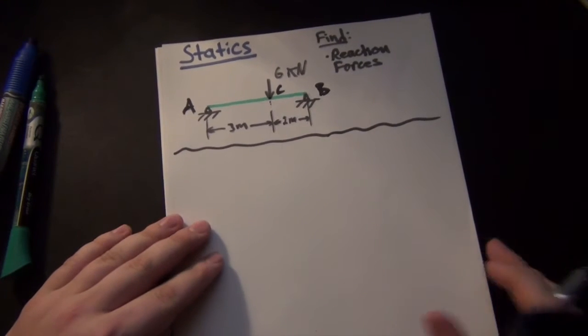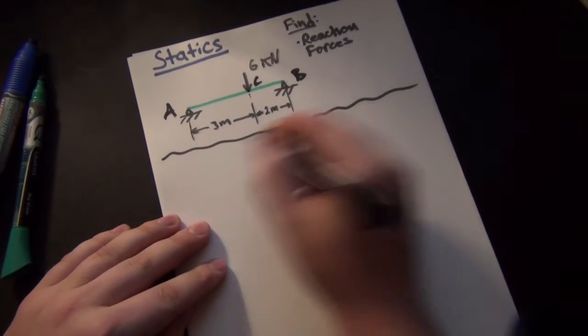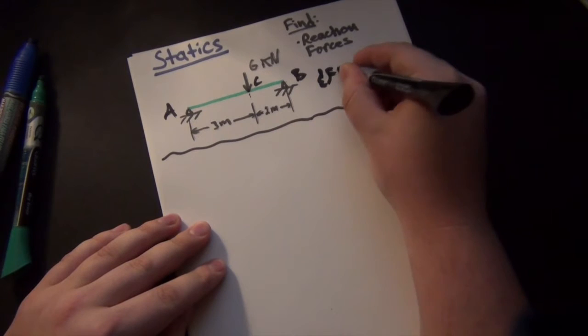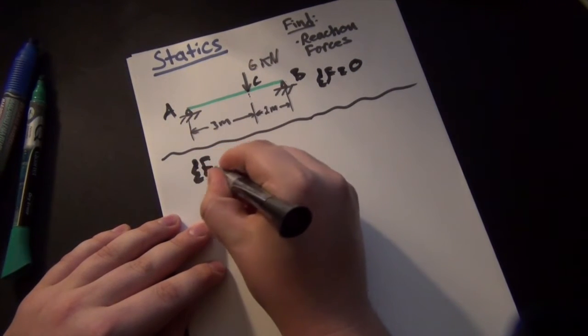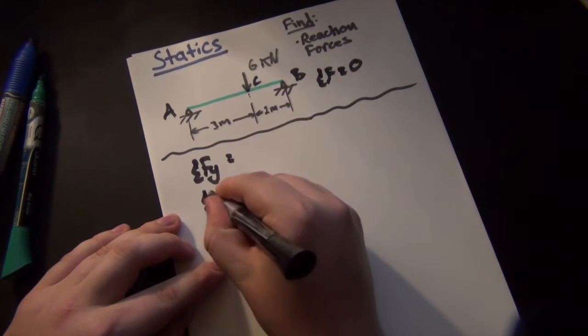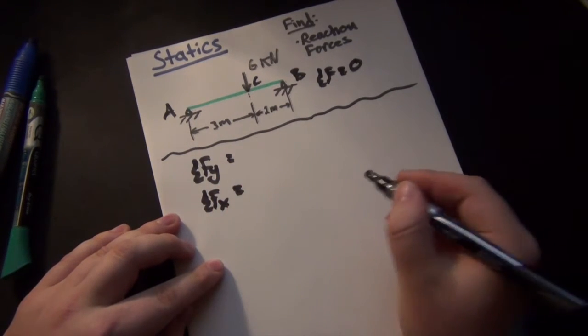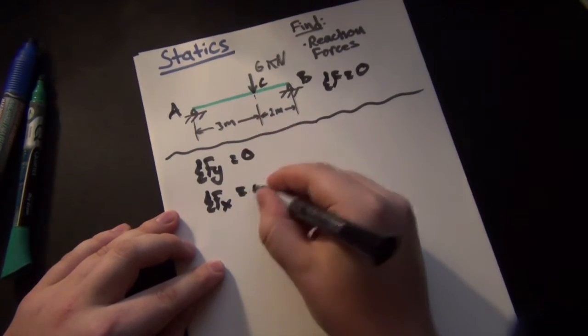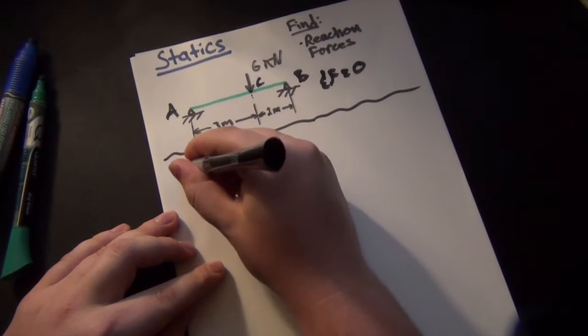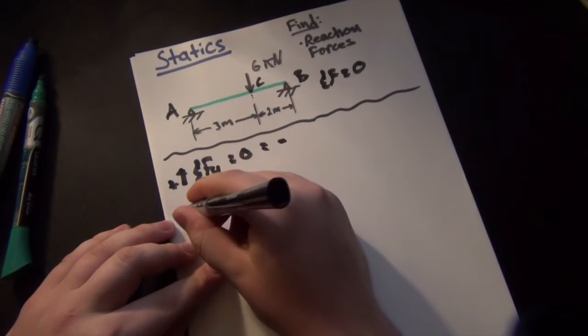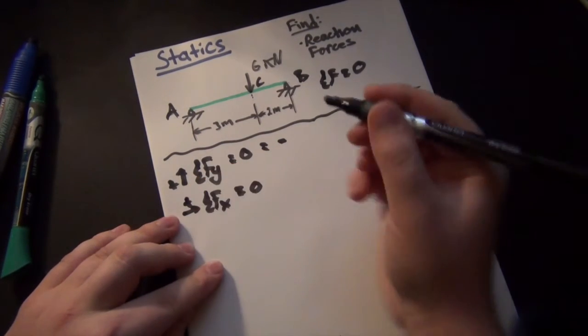Alright, so in statics, the main equation that you use is the sum of all forces set equal to 0. In this situation, we break our forces into y and x. Let me set some positives and minuses here.